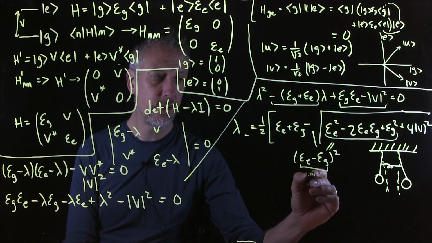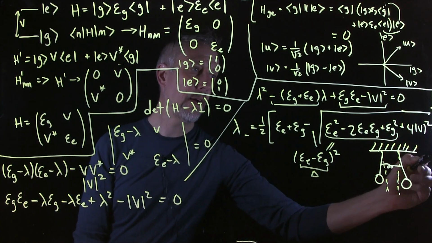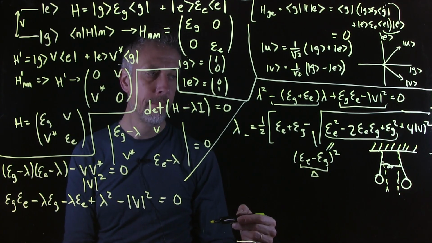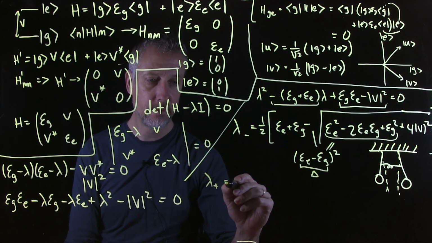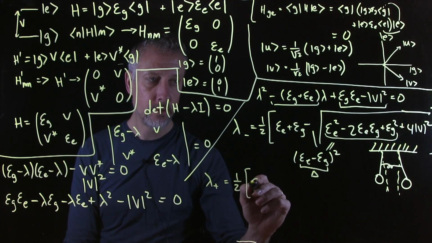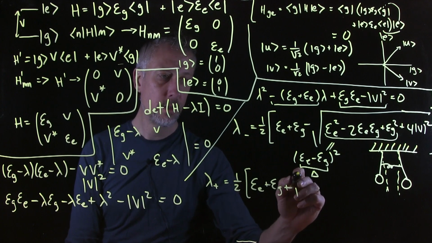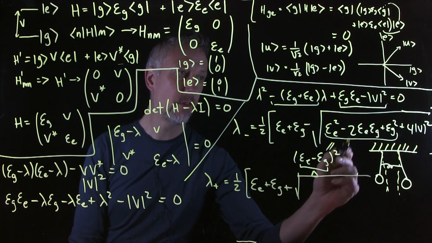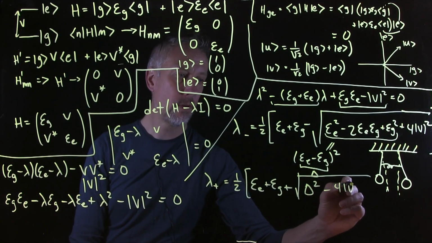So we're going to call this here delta. Okay? And then all of that stuff is multiplied by 1/2. The lambda plus looks exactly the same, except there's a plus sign here. So you have epsilon e plus epsilon g plus the square root term. Now we can put in our simplified version. So delta squared minus 4v squared.